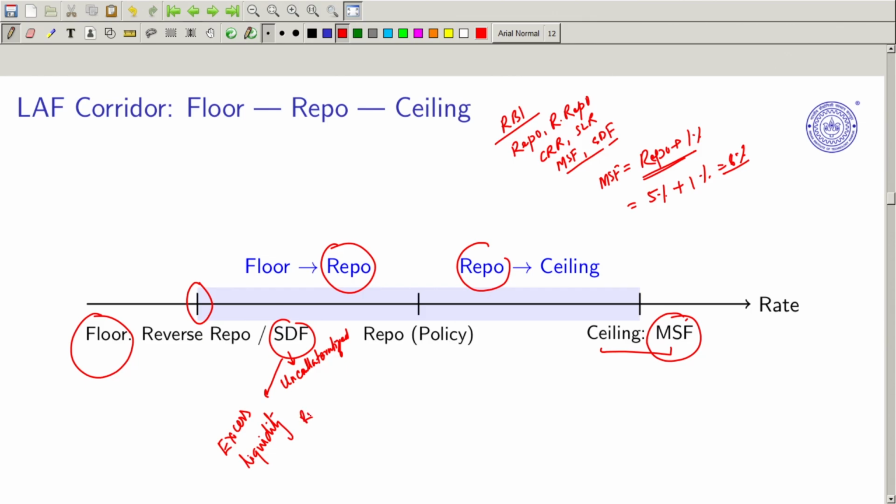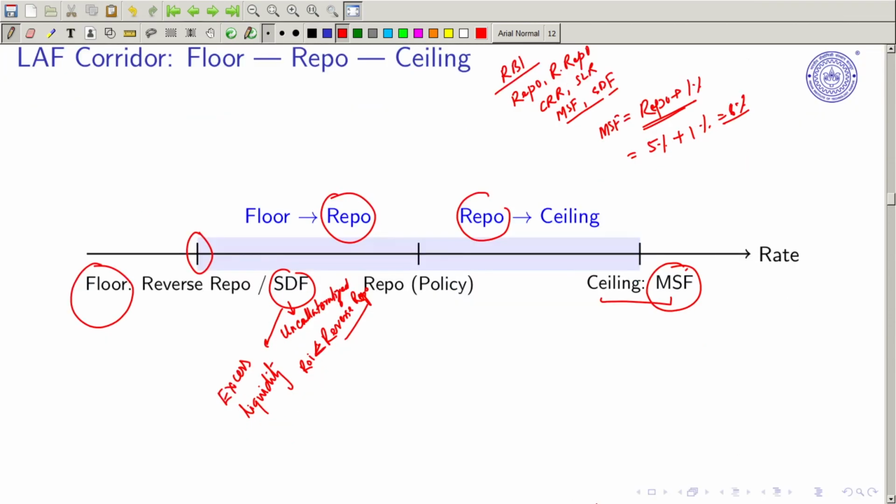The rate of interest will be lower than the reverse repo, because reverse repo requires collateral of government securities, while here you do not have any collateral. So, with ceiling and floor I have tried to show which instrument offers the lowest yield for the banks, and which instrument is the costliest. The ceiling and the floor, this is what we are mentioning here.